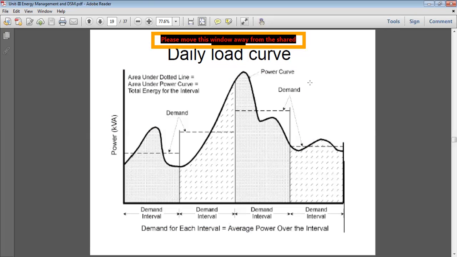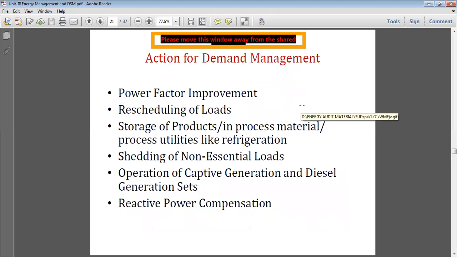Okay. Next is the storage product. So what are the different types of storage products? Say for example, if we require a cold storage power system, we will run our chilling system and our refrigeration unit in the night time.